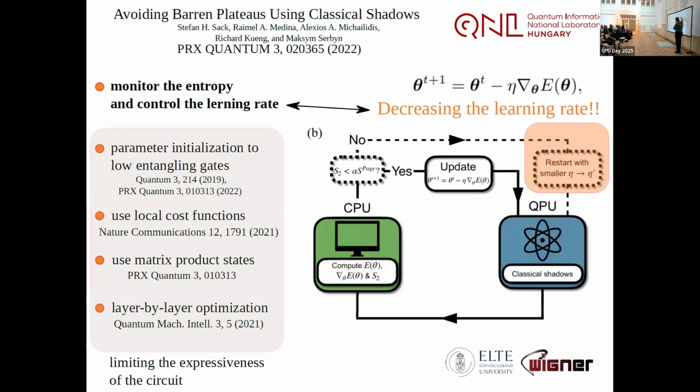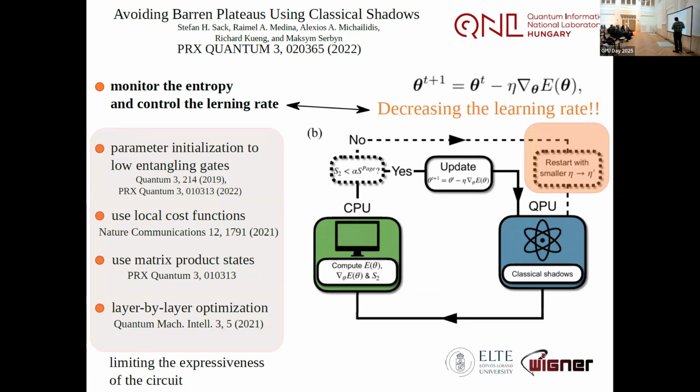Of course, by decreasing the learning rate, you are slowing down your training process, which is also not an ideal thing to do. But I think it's somehow in the middle of proposing a real solution to the problem.